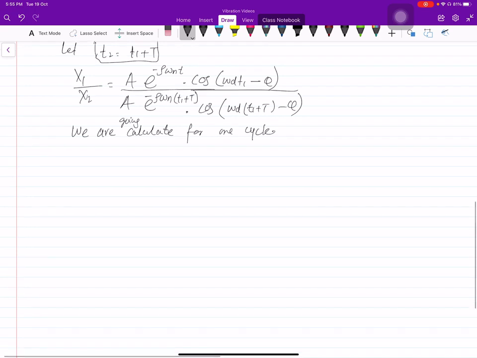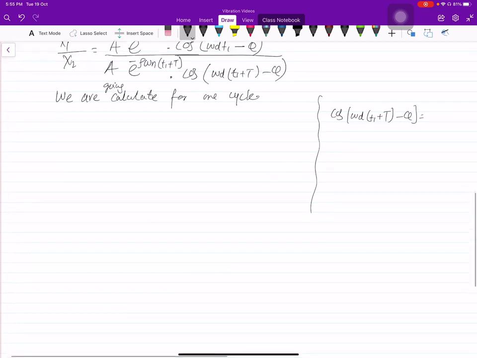We know from trigonometry that cos(ωd(t1 + T) − θ) is equal to cos(ωd t1 − θ + 2π), because this is for one cycle, and one cycle is 2π, where π is 180 degrees, so it is 360.